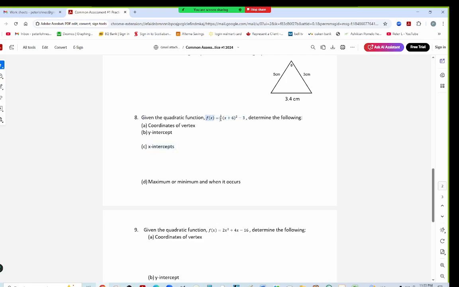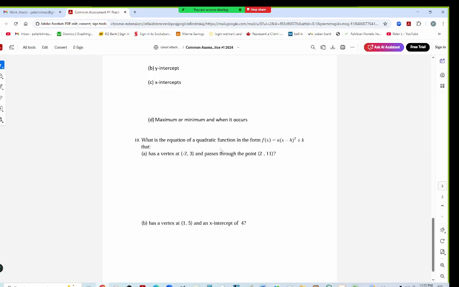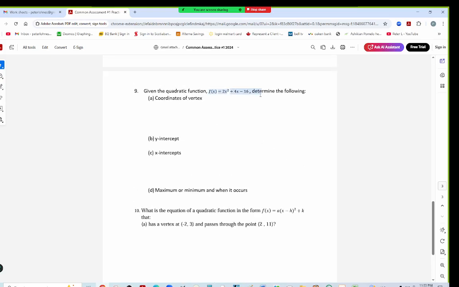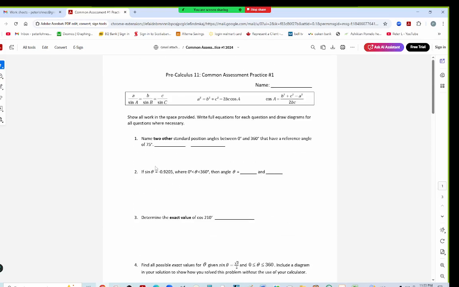X-intercept is when y is 0, so you just do algebra. It's facing up, so it's a minimum. And then you do it again with this, except this is in standard form. So on the second one, you have to factor and maybe use the axis of symmetry. And you already did that, so I think you'll be good. So this one's just a couple more cosine laws and sine laws.